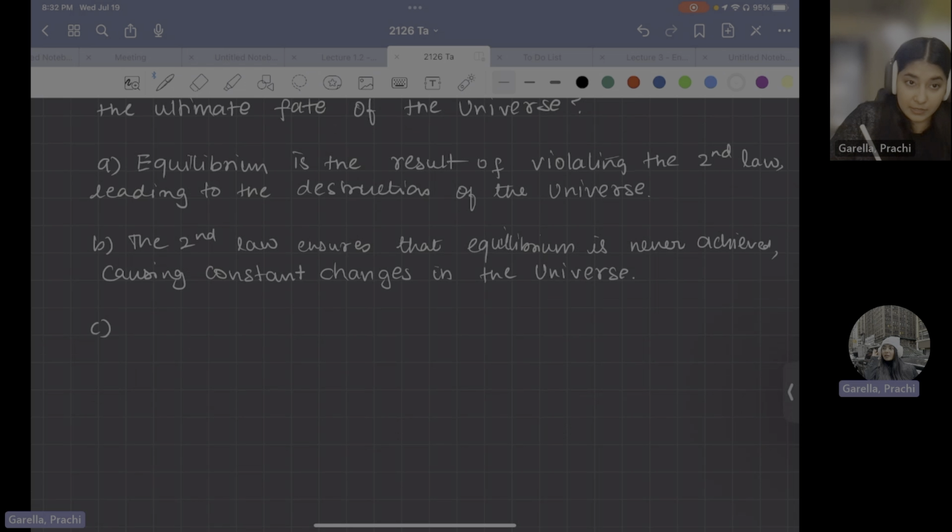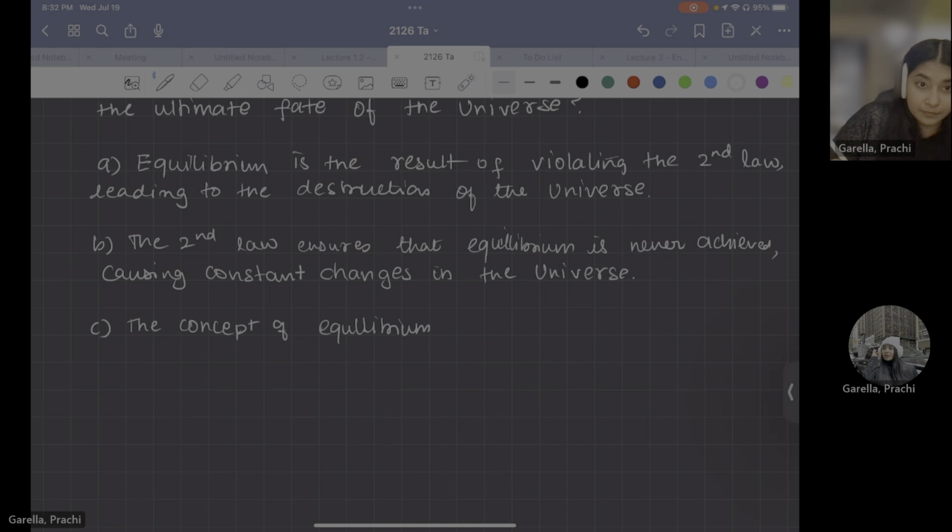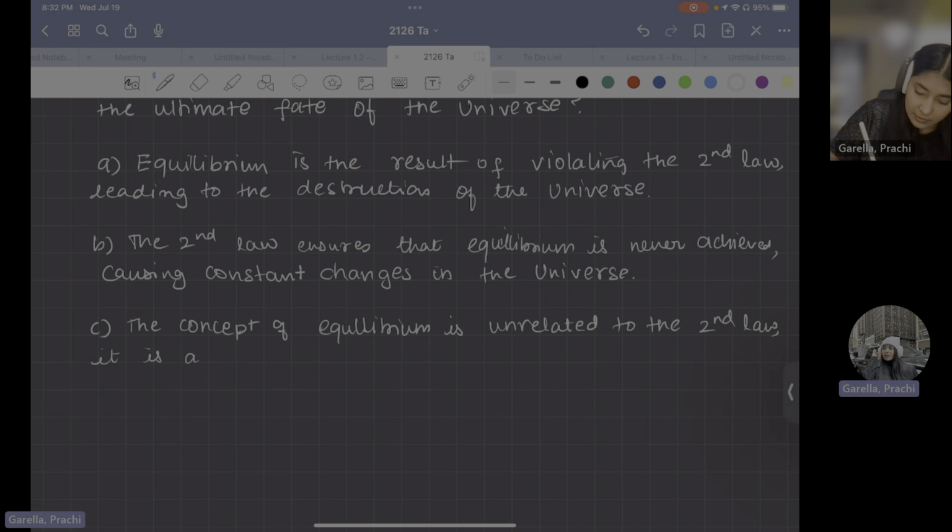The third part says that the concept of equilibrium is unrelated to the second law. It is an artifact of theoretical models.